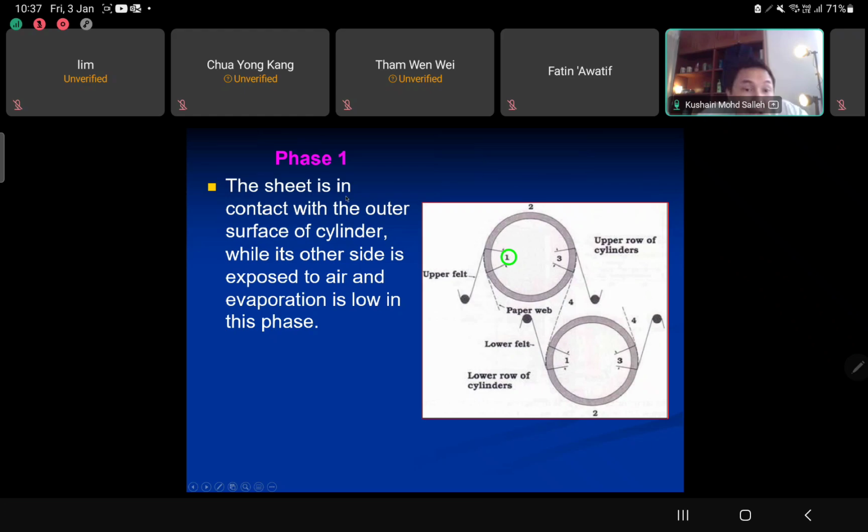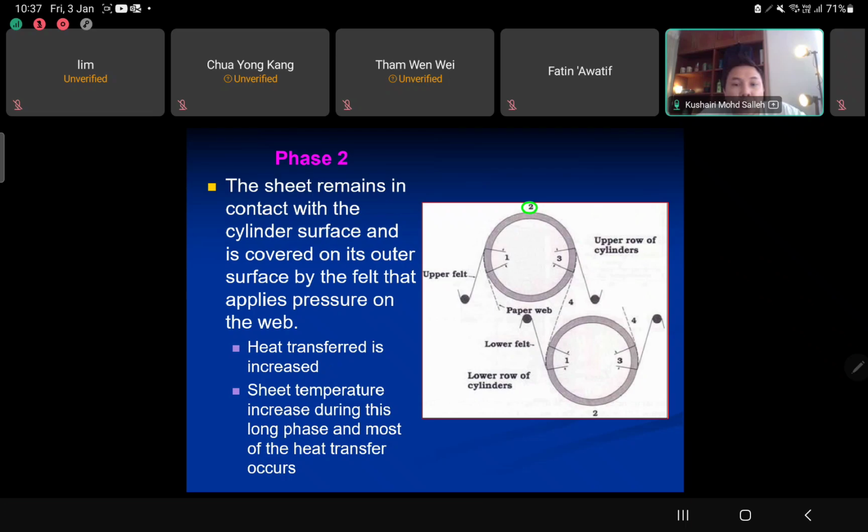Why is the evaporation low? Because the web just has contact with the cylinder, so basically the temperature is just about to increase. So the evaporation may not happen yet in phase 1.